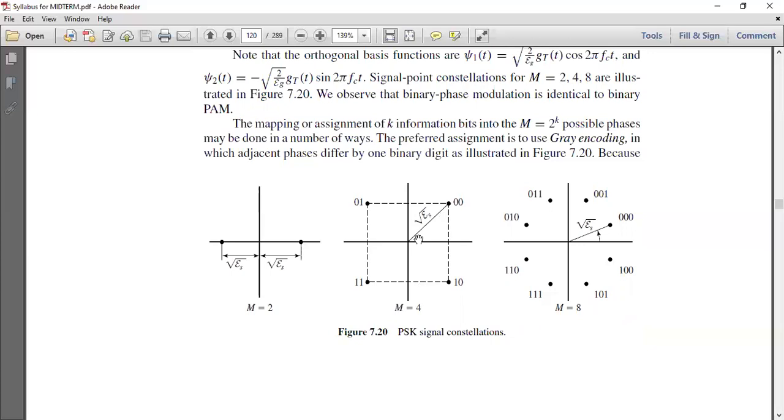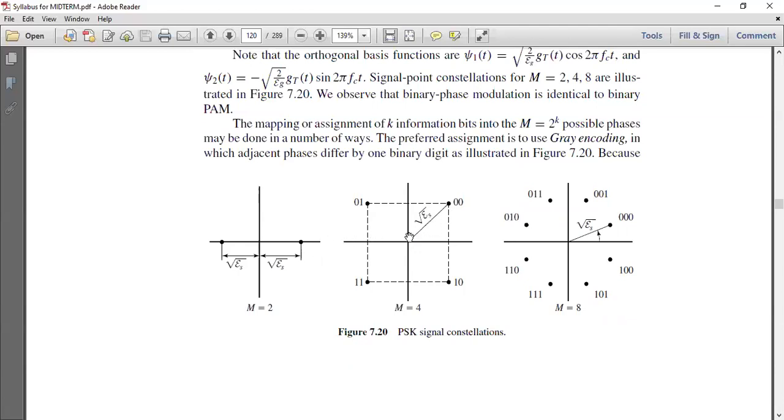They are separated from each other by an angle of 90 degrees. The angle from this vector to this vector is 90 degrees, and from this vector to this vector again it is 90 degrees. So this is 4-PSK, and they are all equal-length vectors with this expression.